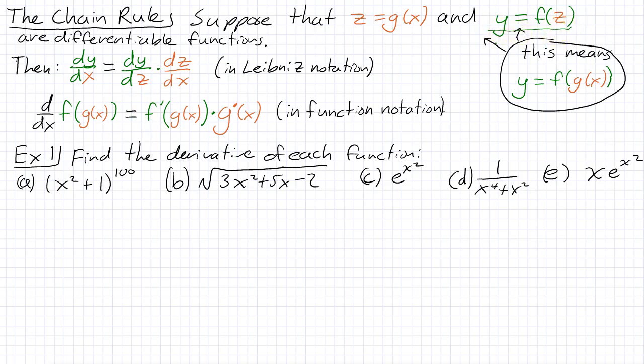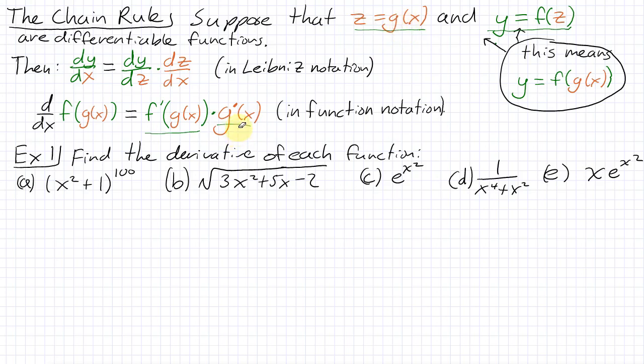So taking the derivative of this with respect to z is really the same thing as what we have here. And then dz over dx, instead of that, we have g prime of x, and that's just the same thing as taking the derivative of this function here. So dz over dx in Leibniz notation means the same thing as just g prime of x.